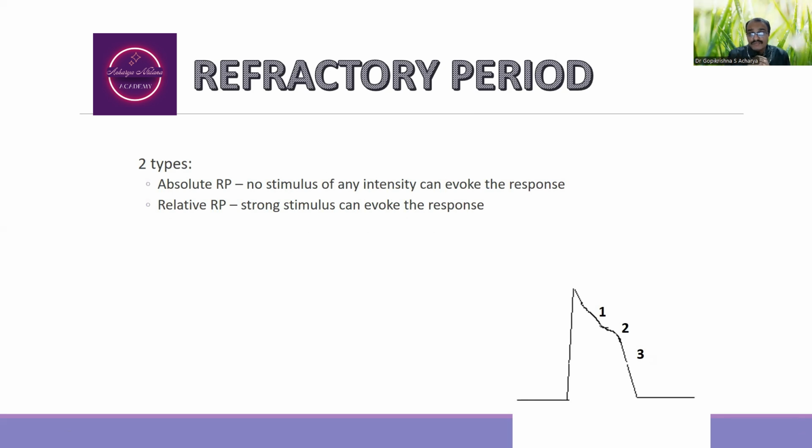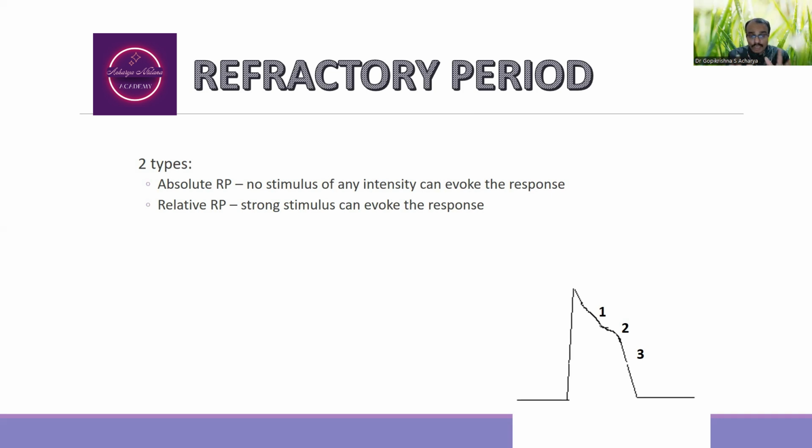As far as the refractory period is concerned, 2 types are there. Absolute refractory period, where no stimulus of any activity can evoke the depolarization wave. Whereas relative refractory period is where a stronger stimulus can evoke the depolarization response.